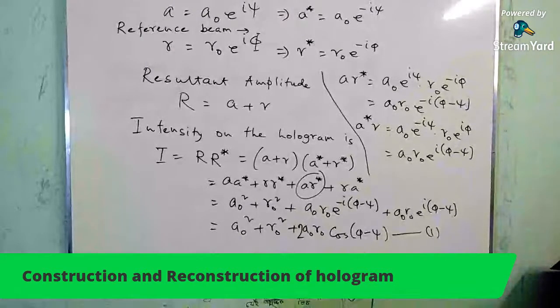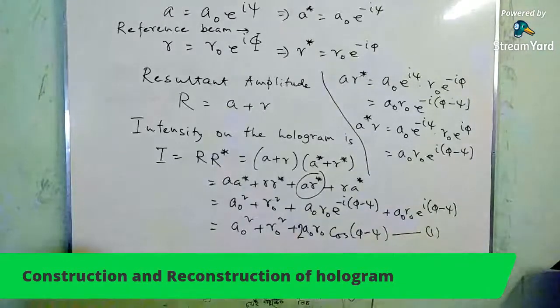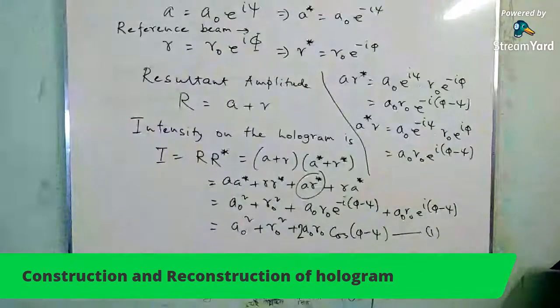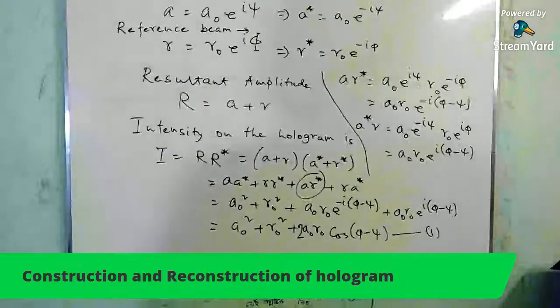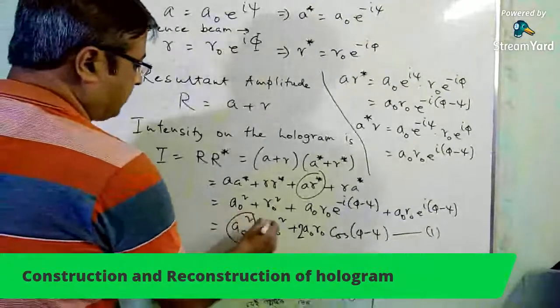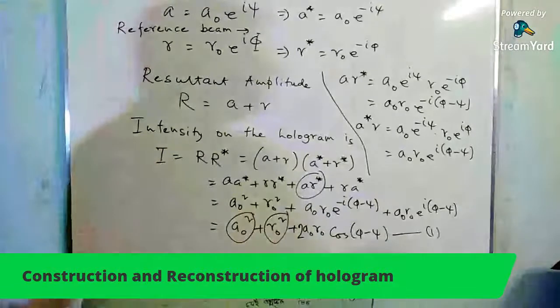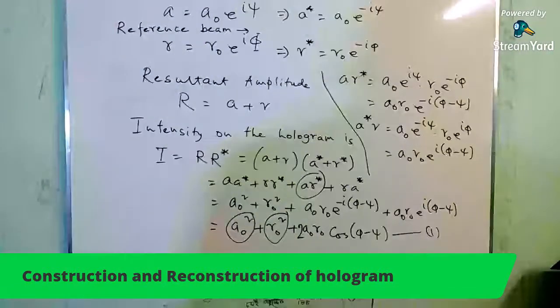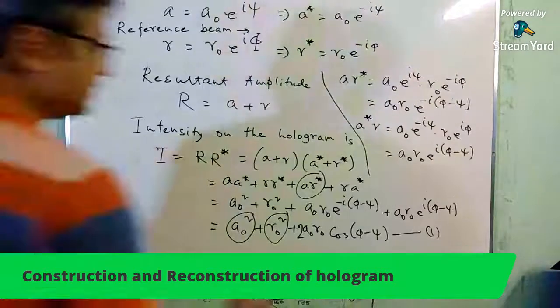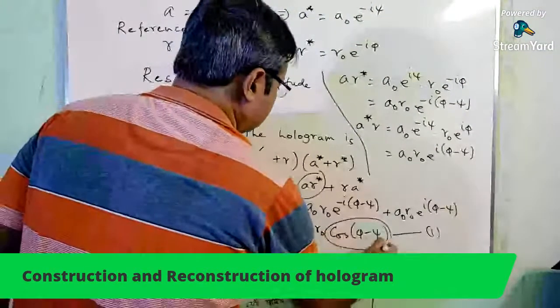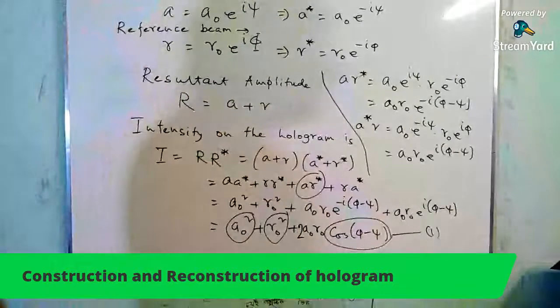From equation 1 we can see that the resultant intensity on the hologram is the sum of two intensities, that is A0 square and R0 square, plus the interference term, which contains relative phase information. So this is the term which carries the phase information.